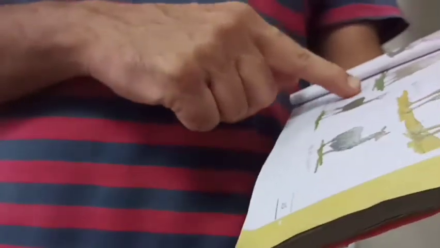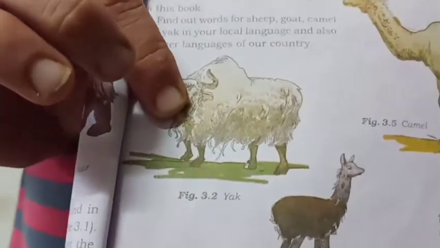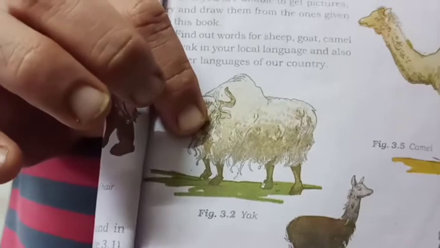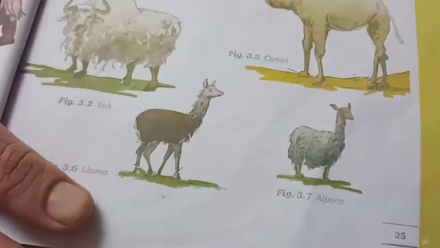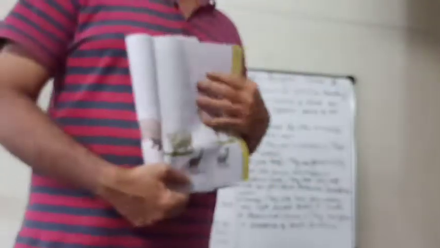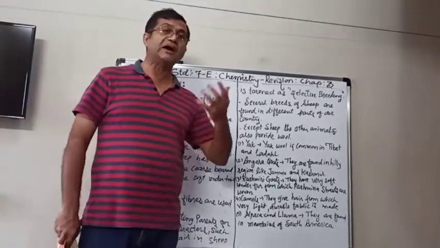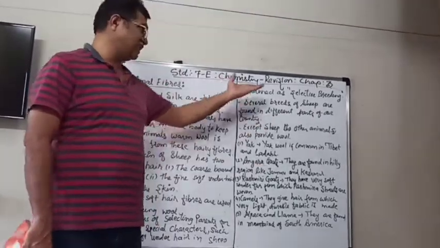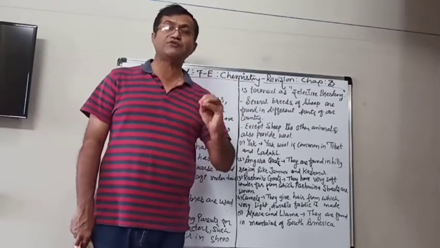And here you can see the yak, llama and alpaca. This is the yak that is obtained from the region of Tibet and Ladakh. And in South America, this llama and alpaca are found. So these are the different animals which give us wool, and they are bred, as I told you, by selective breeding, so that they can give you very soft, fine underhair.